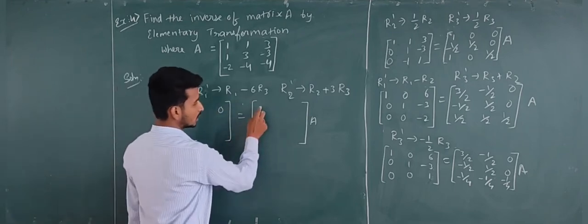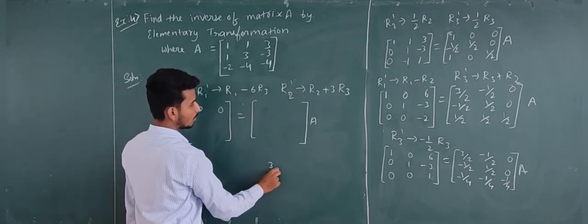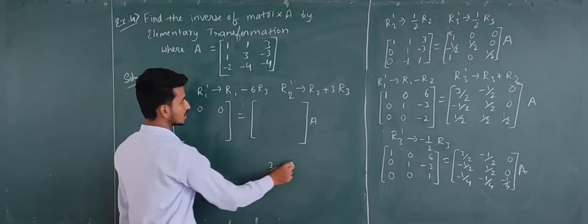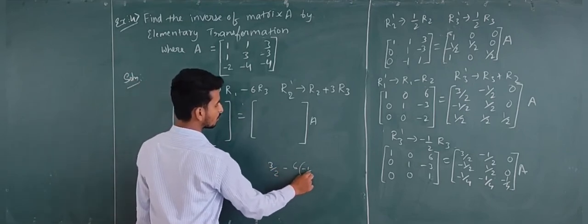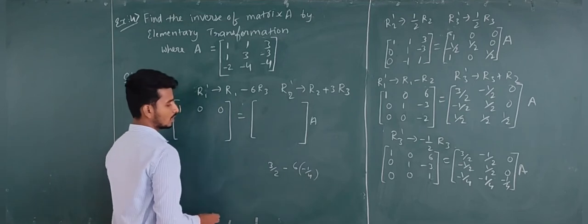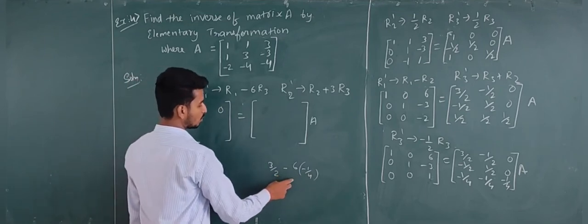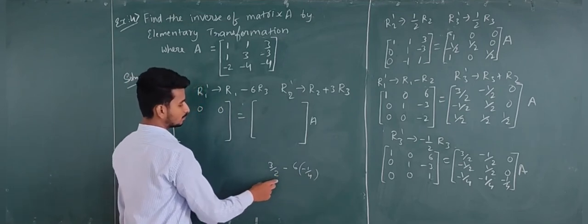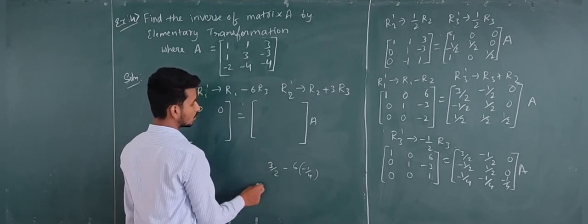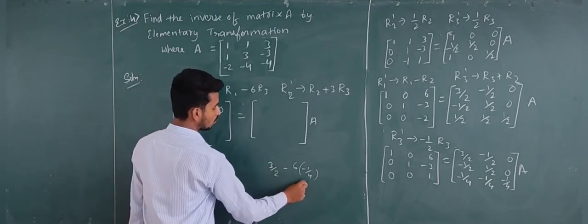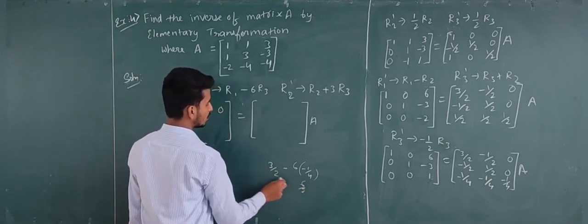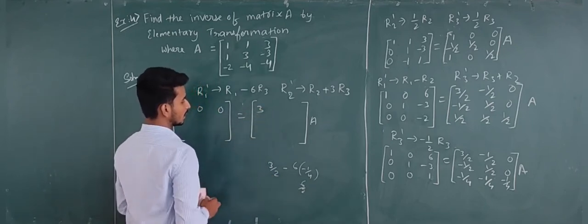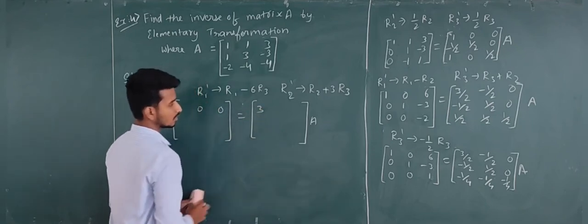Now 3 by 2 minus 6 times minus 1 by 4 will be 3 by 2 plus 3 by 2, which is 6 by 2, that is nothing but 3.